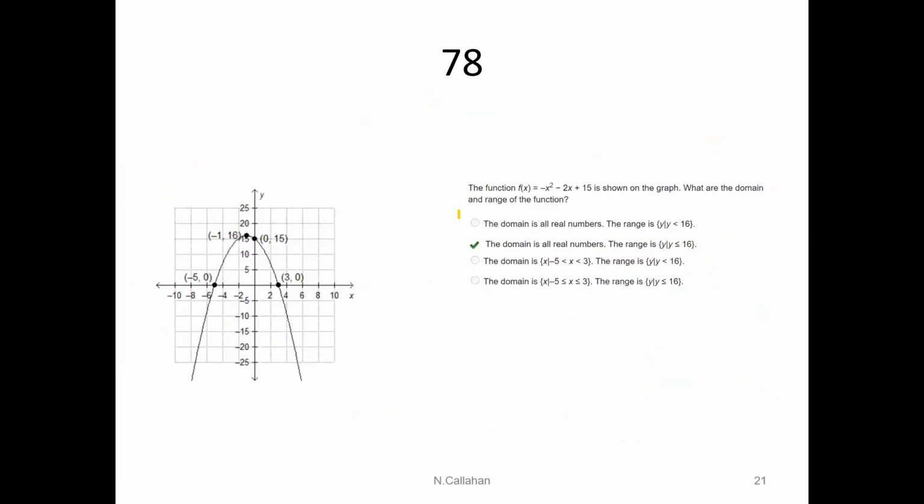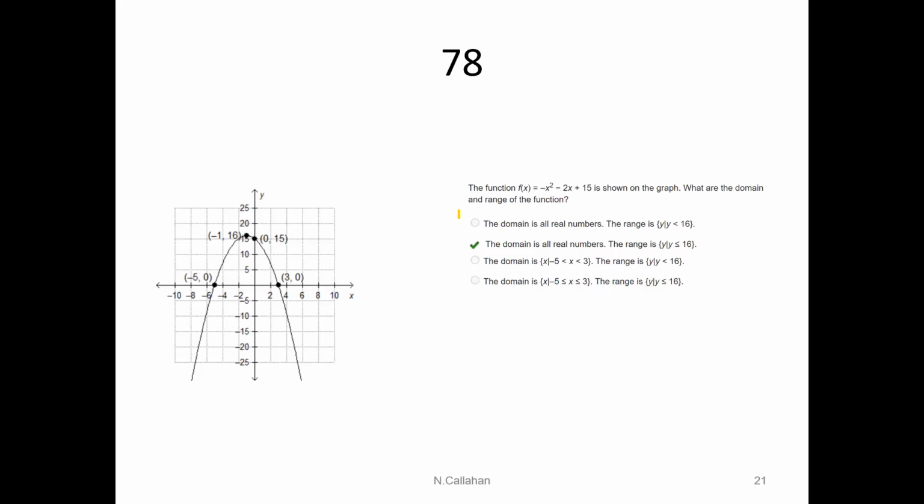78. Take a moment and read it. All right, so let's take a look at this.